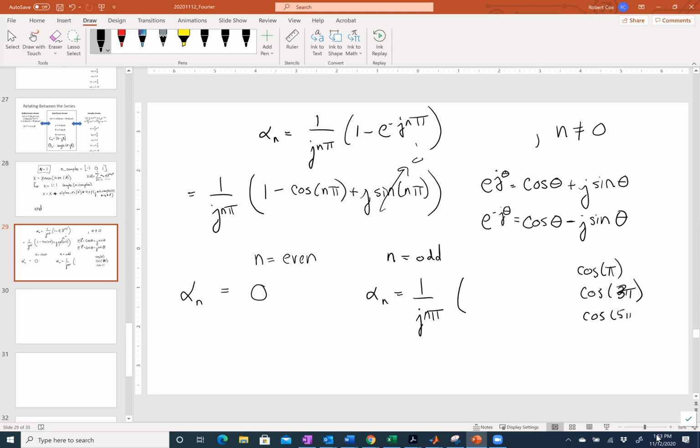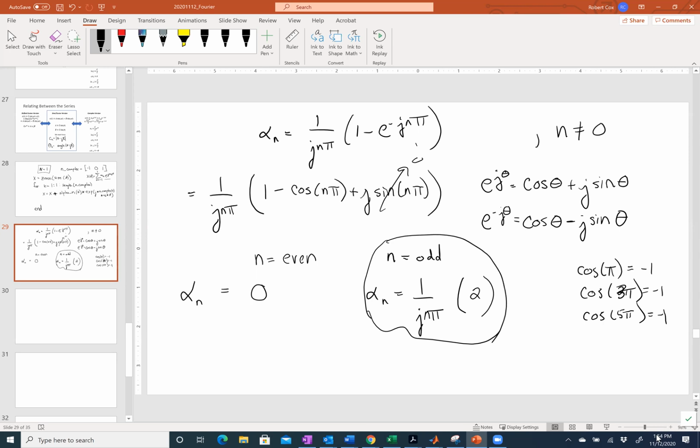Those are all equal to minus 1. Now sine of n pi is always going to be 0. So this guy is going to become not 1 minus 1, but 1 minus negative 1, or 2. So what that says is my answer only has odd harmonics.